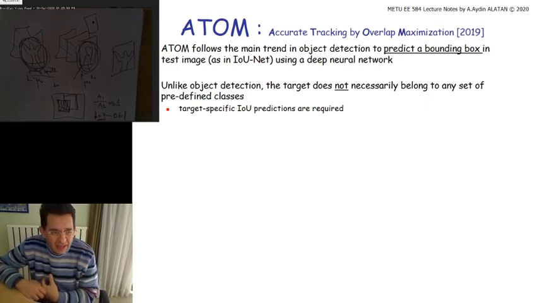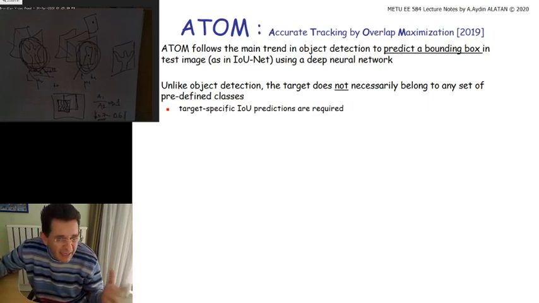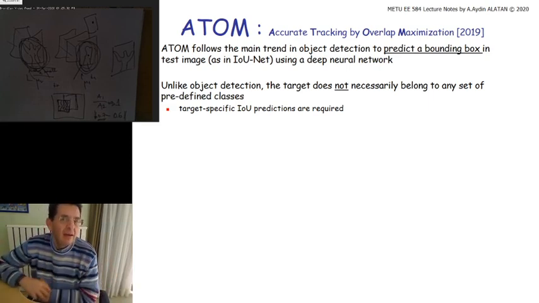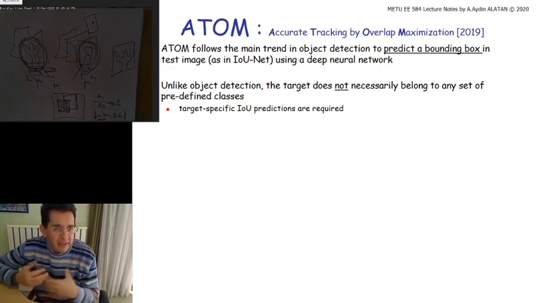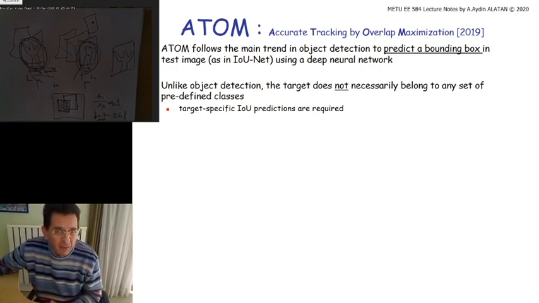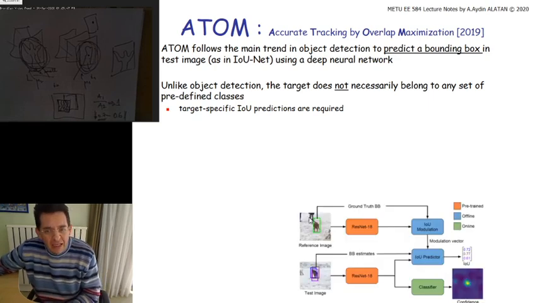Your network is not only predicting the bounding box, it is also saying that the bounding box is of 0.6 quality with respect to an unknown ground truth. During training, we have the ground truth, so we can train our network with this error, but in practice, that's not available to us, okay? Therefore, that's how it goes.